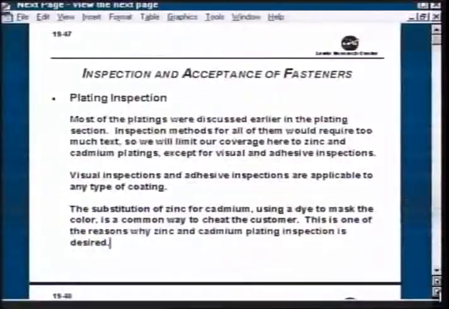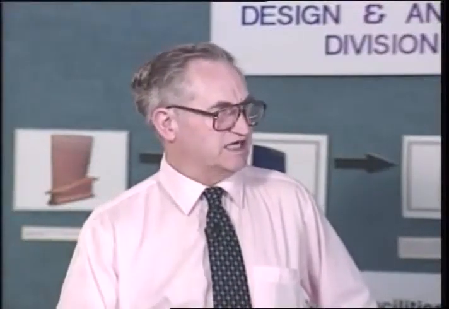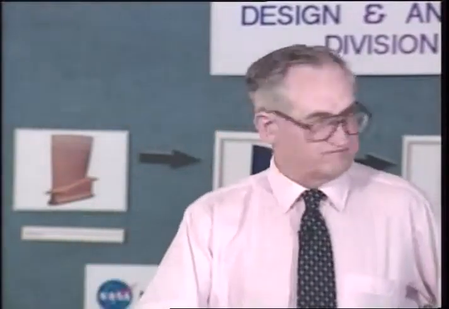So we'll limit our coverage here to zinc and cadmium platings, except for just visually looking at the things. The substitution of zinc for cadmium and using a dye to mask the color is a common way to cheat.